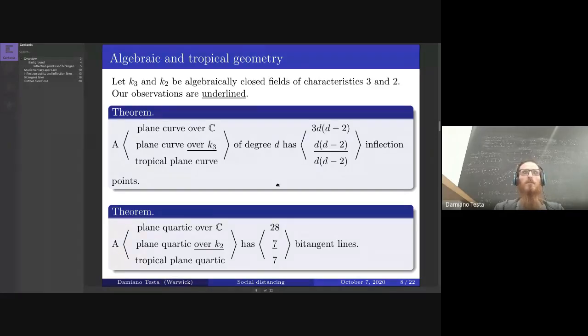All right, so you may start wondering now that what I wrote in this slide is a little bit funny, because when you define tropical things, multiplicities become a little bit of a pain, and it's not so easy to define multiplicities tropically.